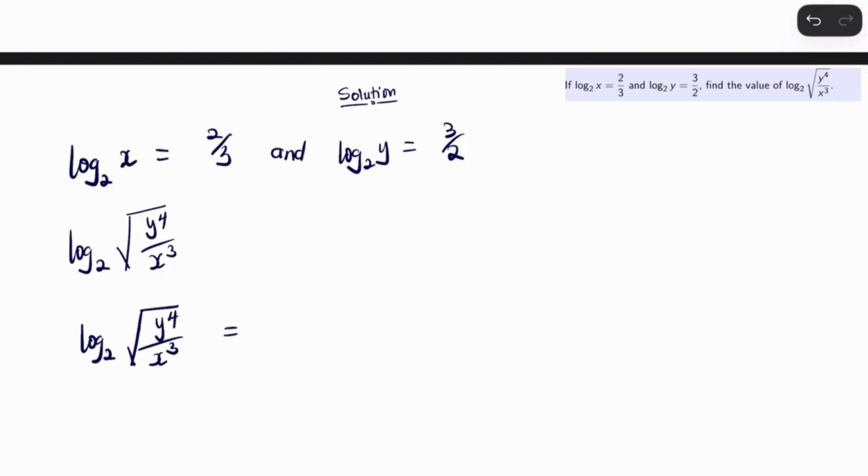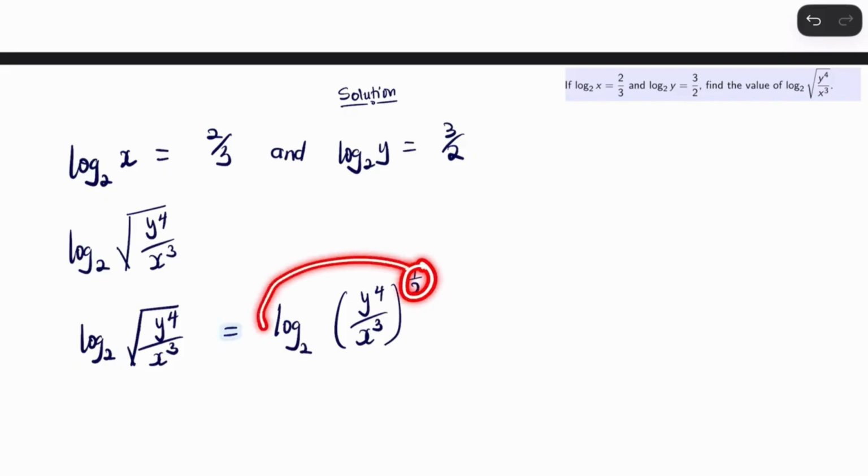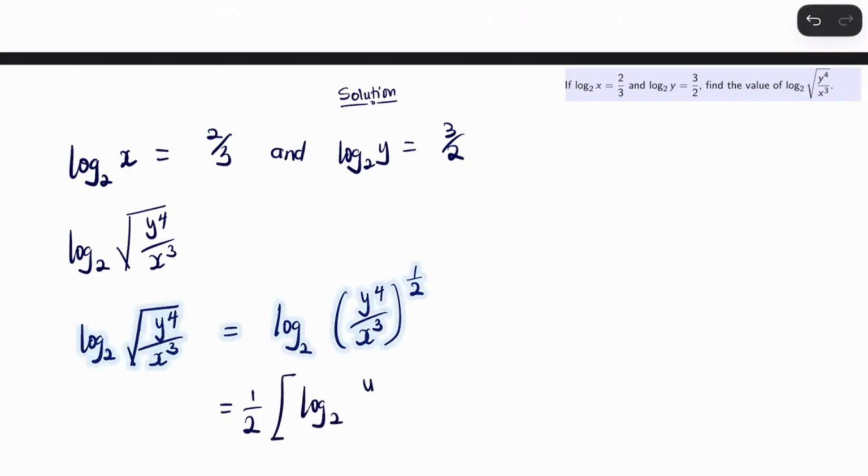So we have log of 2, then y exponent 4 over x exponent 3, all exponent 1/2, right? Here we can move the exponent 1/2 in front. So we are going to have 1/2 out, then log of 2 y exponent 4 divided by x exponent 3.